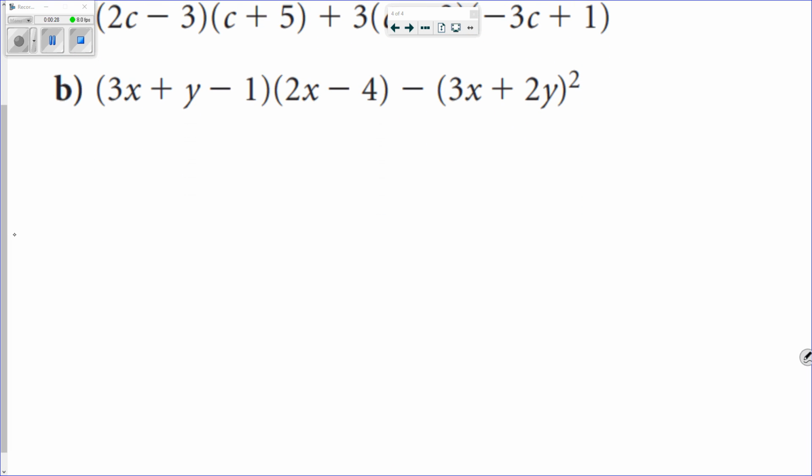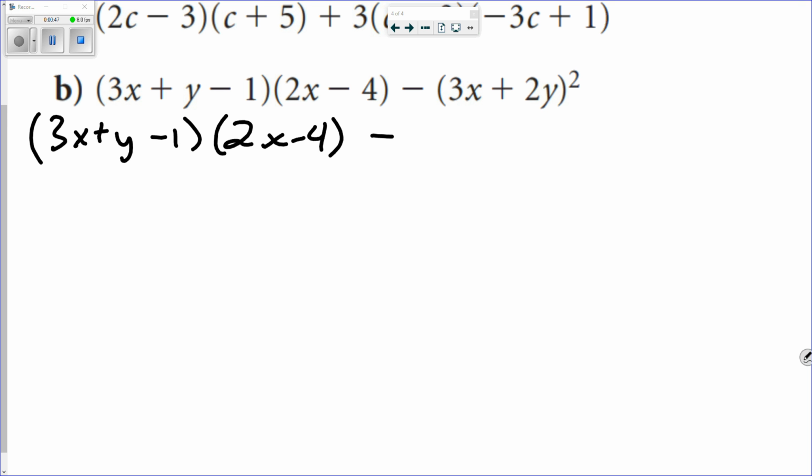So again, we need to distribute. We'll have to do that twice because what we actually have here is 3x plus y minus 1 times 2x minus 4. But over here we have minus 3x plus 2y times 3x plus 2y.